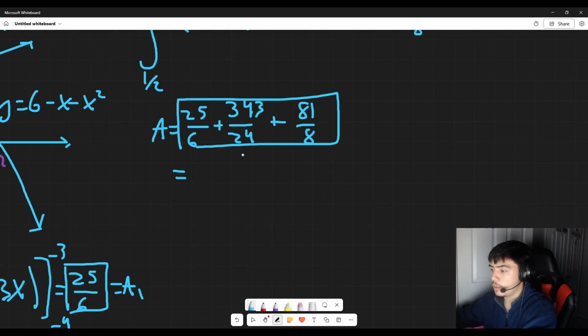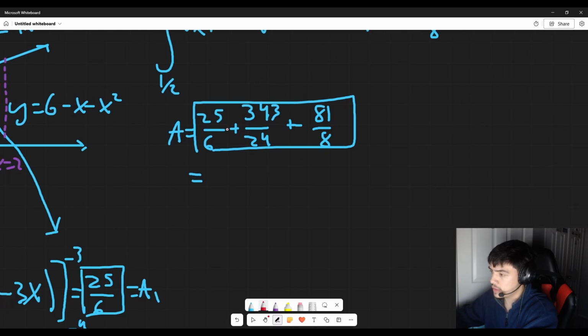These all have a common denominator of 24. We can get this fraction to have a denominator of 24, and this one to have a denominator of 24. So what we can do is multiply this by 4 over 4 and this one by 3 over 3.